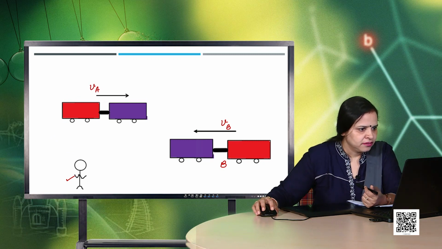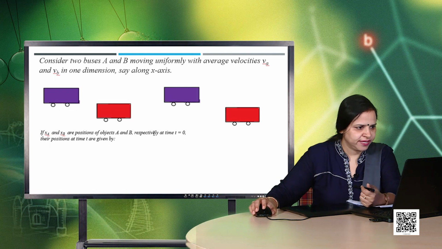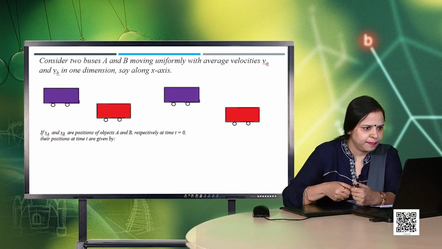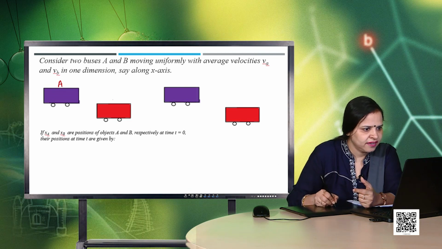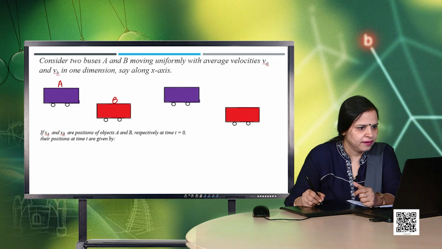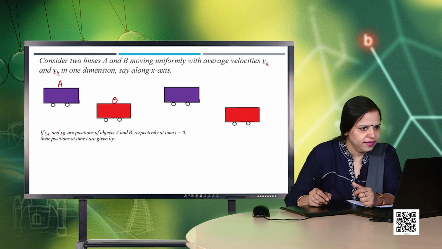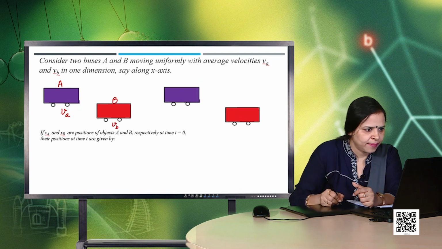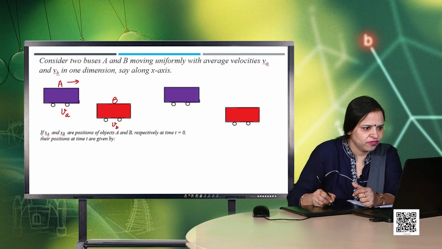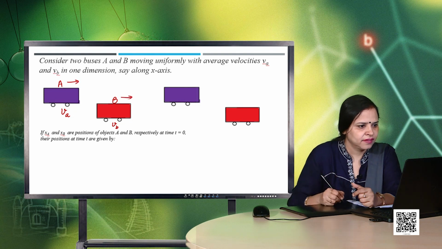Again, I consider another situation. Let us consider two buses A and B. Suppose this is bus A and this red colour bus is bus B. They are moving uniformly with average velocities VA and VB in one dimension along the positive x-axis.